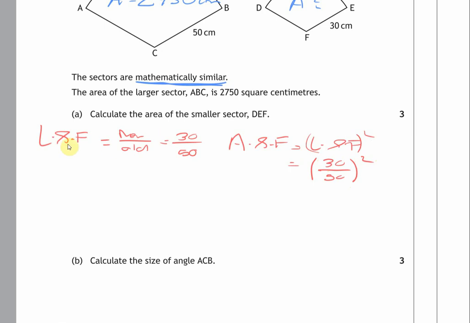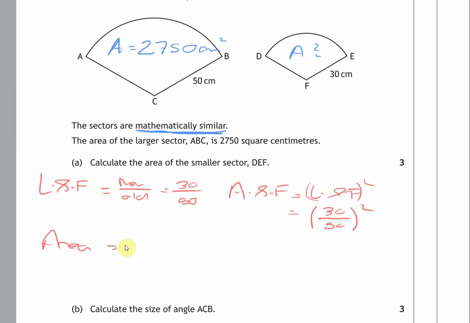So now we can say the area of the small shape is going to be the area of the large one, which was 2,750, times the area scale factor, which is 30 over 50 squared. When you pop that into the calculator, you will get a value of 990 centimetres squared. Now always remember the units, because sometimes you may lose an entire mark if you don't include them. So just make sure that you check what units you're working in, and that your final answer has the correct units.